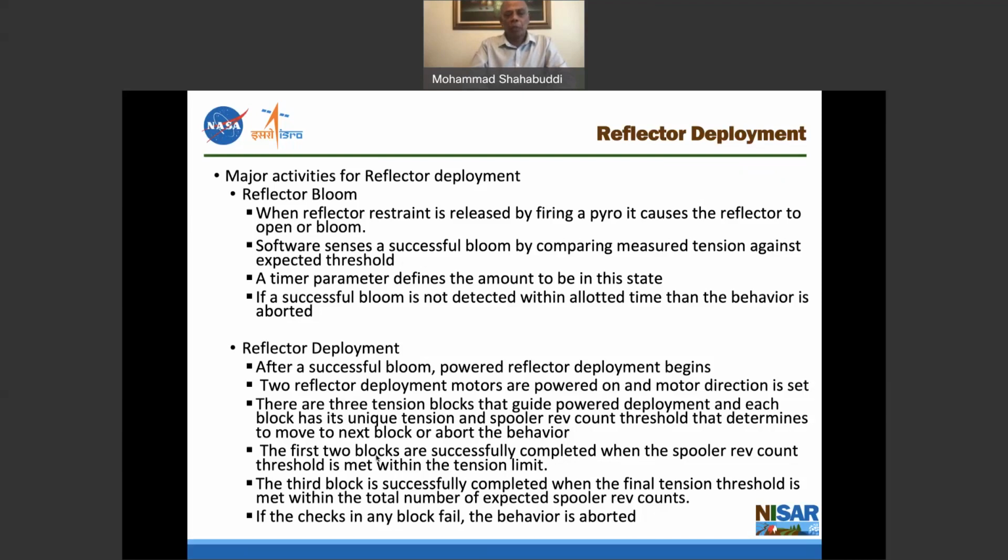The first 2 blocks are successfully completed when the spooler rev count threshold is met within the tension limit. The third block is successfully completed when the final tension threshold is met within a total number of expected spooler rev counts. If the check in any of the blocks fails, the behavior is aborted, and then the ground operation teams can look into the behavior. If it is a failure, they go back and try to address the issues.